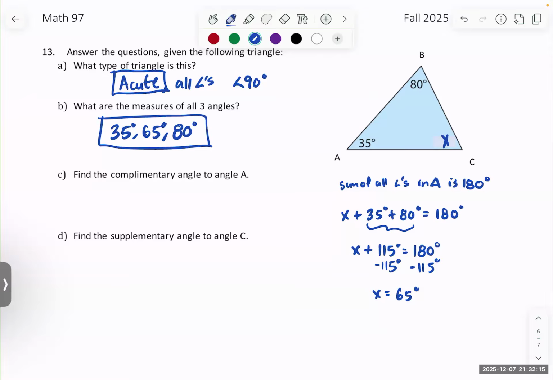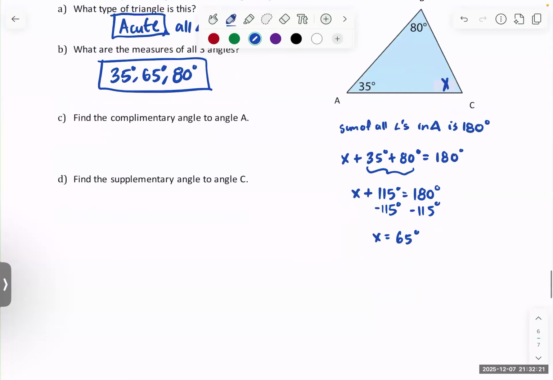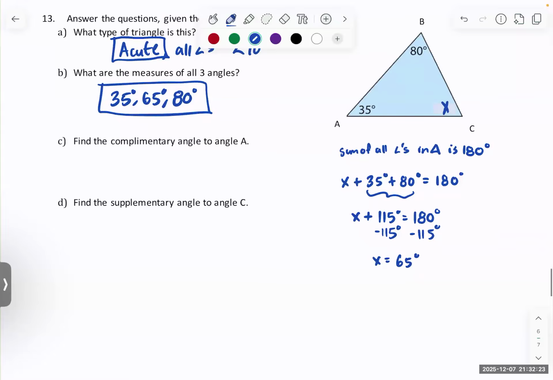Find the complementary angle to A. So if the angle is 35, complementary means two angles that sum to 90 degrees.